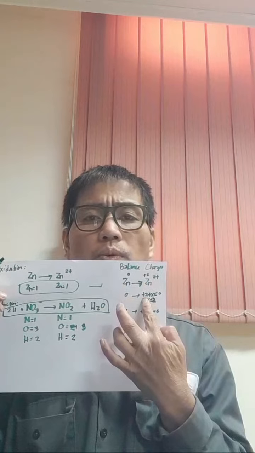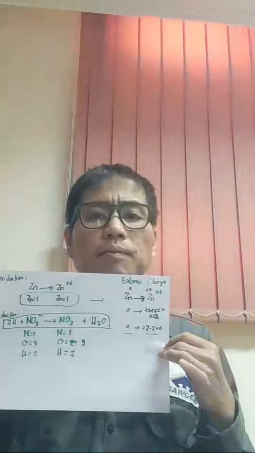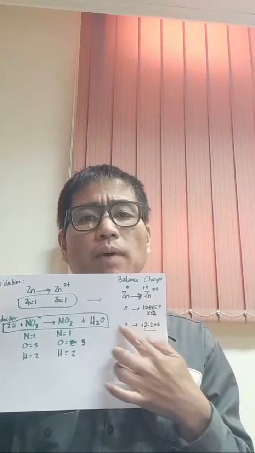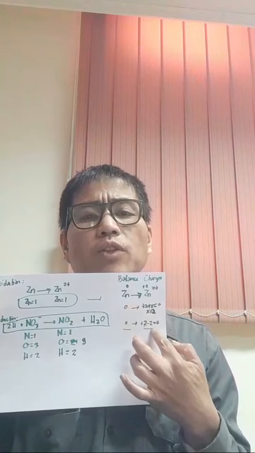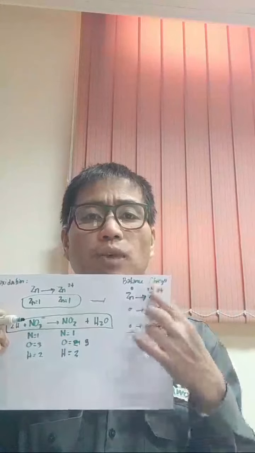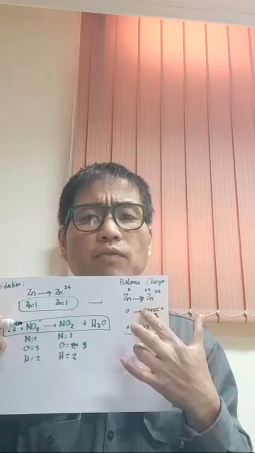So since it equals 0, then X will be negative 2 to balance the 0 here. We have to add negative 2 to positive 2 to equal 0. Positive 2 plus negative 2 is equal to 0, so we have to add negative 2. So this negative 2 will be our electrons.